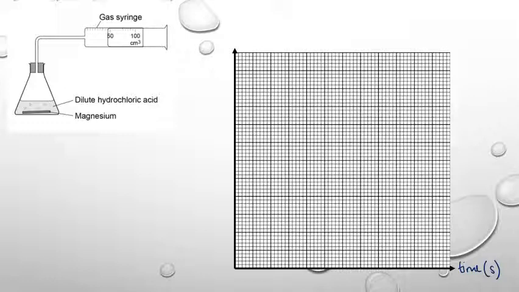I'm choosing to measure the volume of gas every 10 seconds. And on the y-axis, I would have the thing that I'm measuring, which is volume of gas in centimeters cubed. And I could plot my graph, so every 10 seconds: 0 seconds, 10, 20, 30, etc.